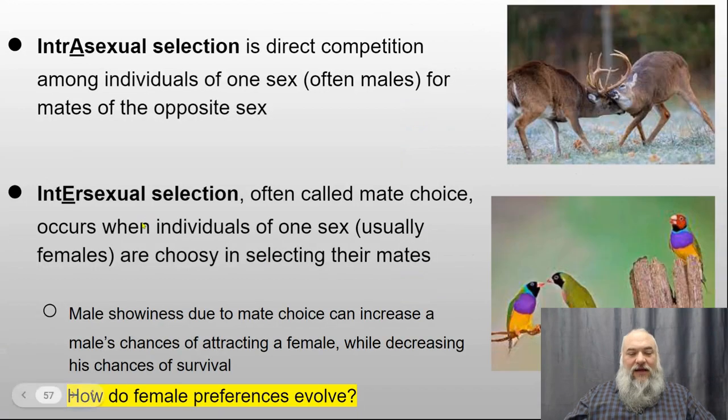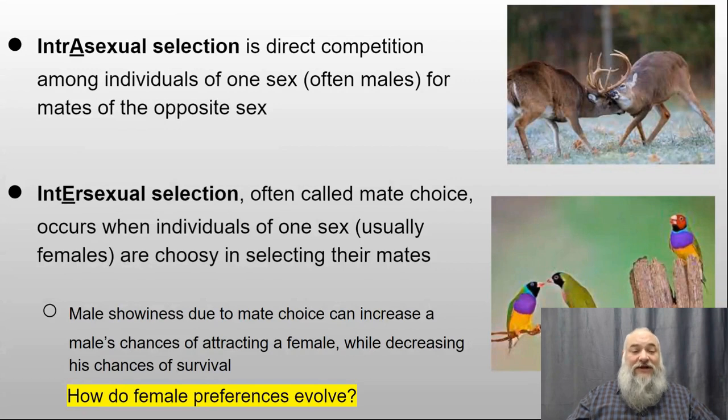Okay. Couple different types of sexual selection. There's intra-sexual selection. That's like the two bucks fighting it out to control the females in a herd, right? So direct competition within a species, the same sex in the species. Intersexual selection is what I was talking about with the peacocks.